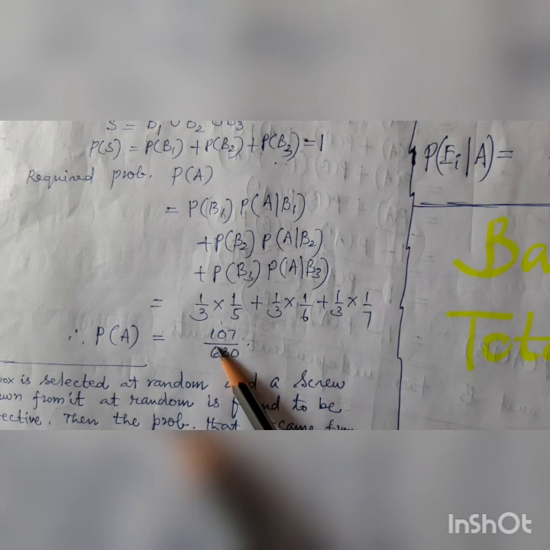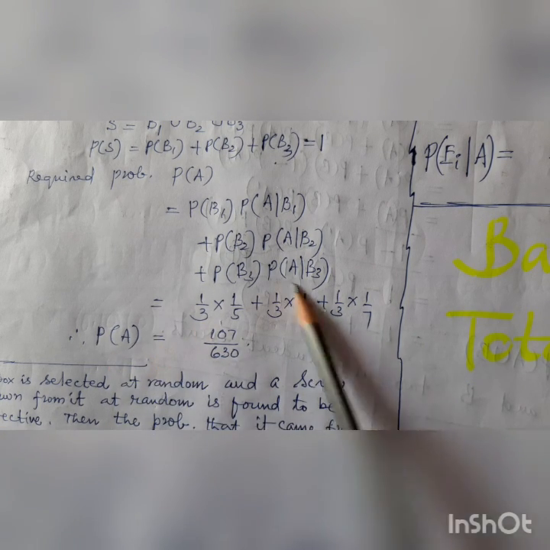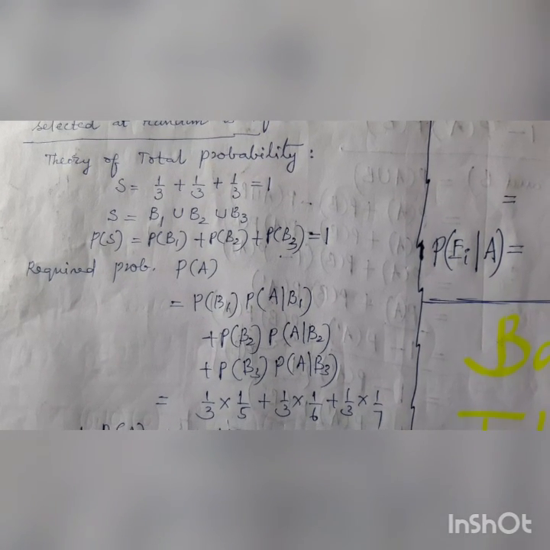That is 107 by 630, that is P of A. This is called total probability. The question may be given like this, and you can understand it like this.